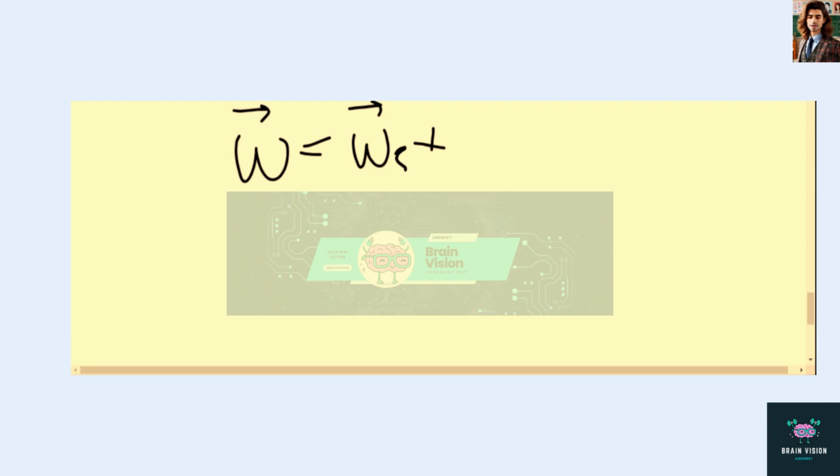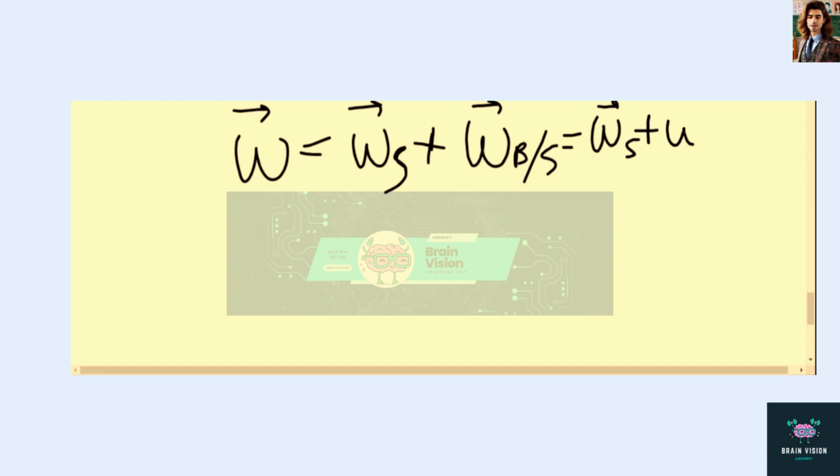We can write it this way: common angular velocity equals the vector sum of the angular velocity of the shaft plus the angular velocity of gear A or B, whatever, it's B, relative to the shaft. Which again, it's exactly the same for gear A.